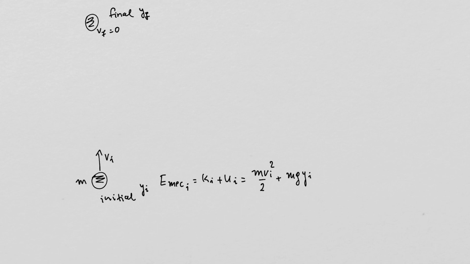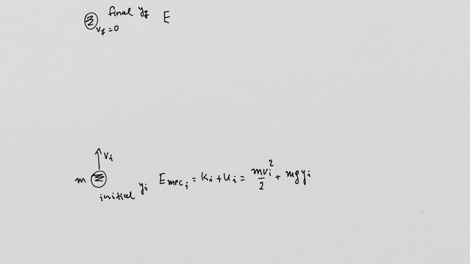Then at the final position, the mechanical energy final is simply kinetic energy final plus gravitational potential energy final. And this is equal to m v final squared divided by 2 plus m g y final.